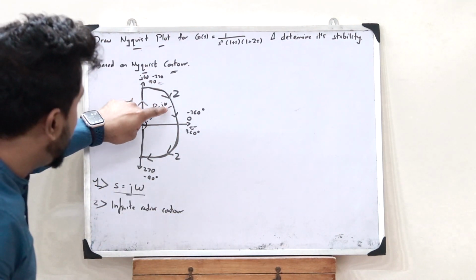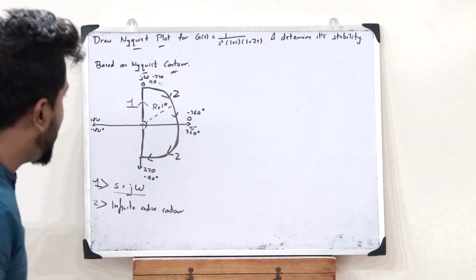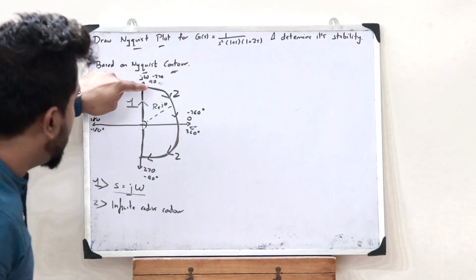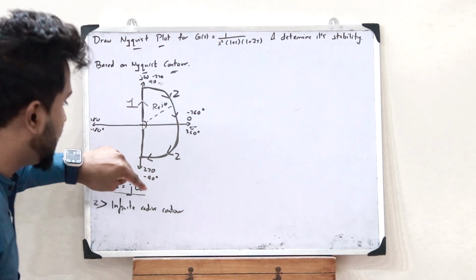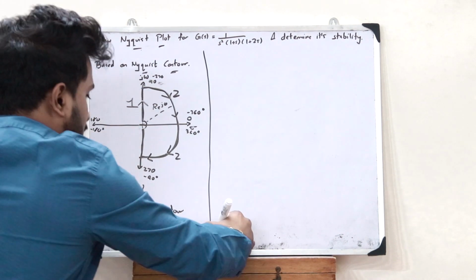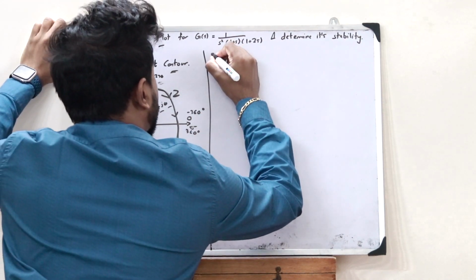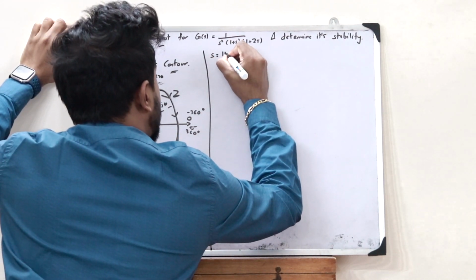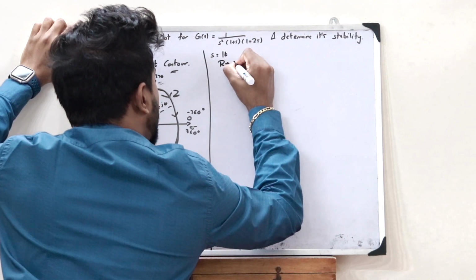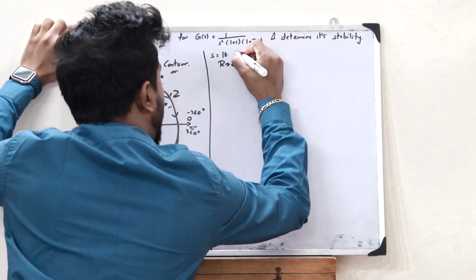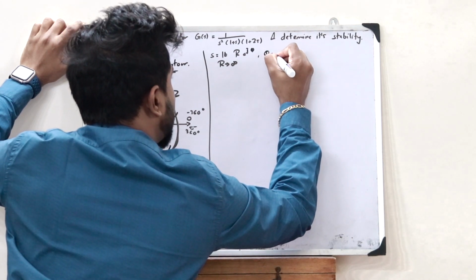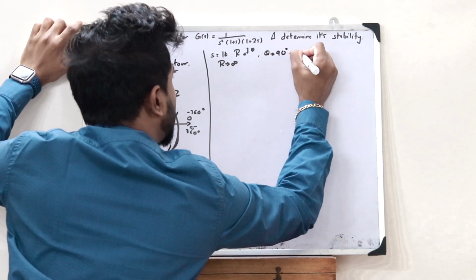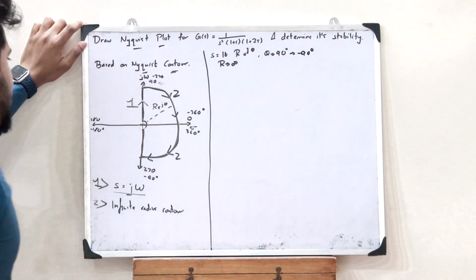When we observe carefully, the value of theta varies from plus 90 degrees to minus 90 degrees. Therefore it can be represented as s = limit r tends to infinity of r e raised to j theta, where theta varies from 90 degrees to minus 90 degrees.